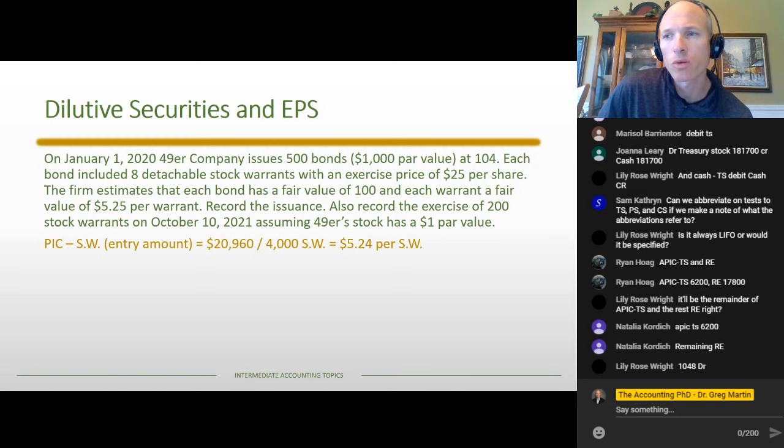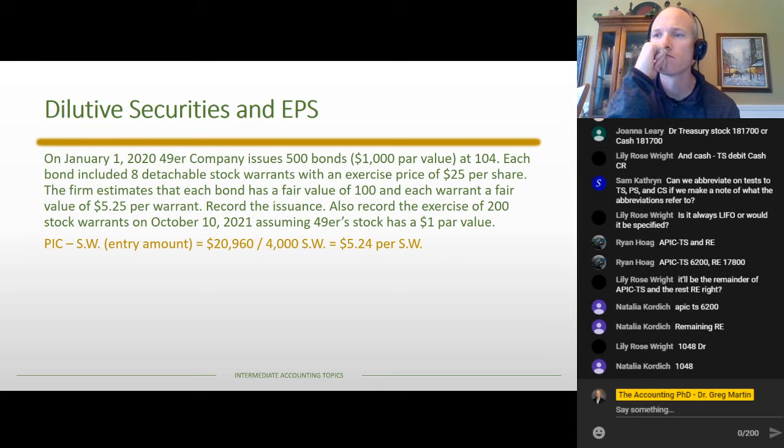Lily says a $1,048 debit to the paid in capital stock warrant account. Let's see if anybody else has an answer. Natalia got the same, 1,048. Natalia, do you agree that it's a debit?